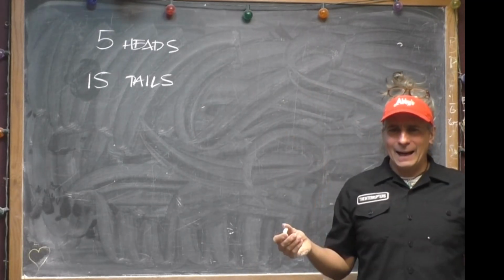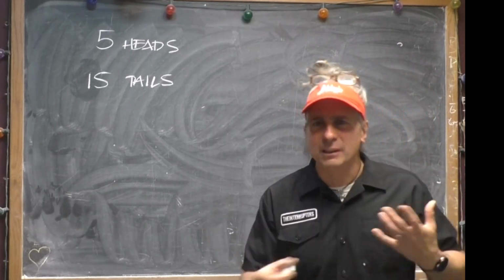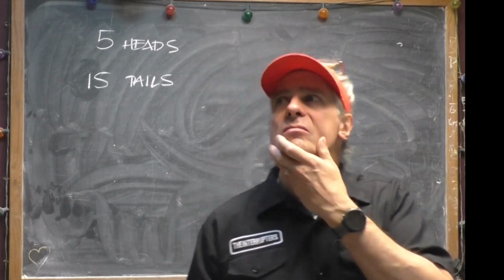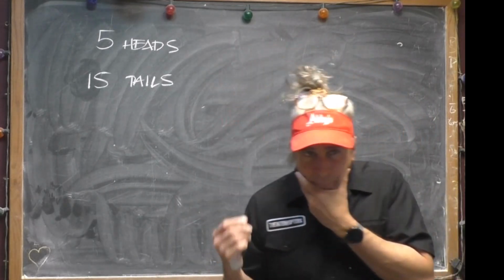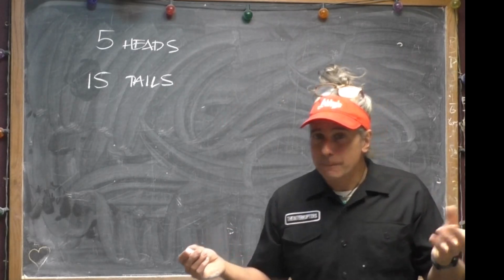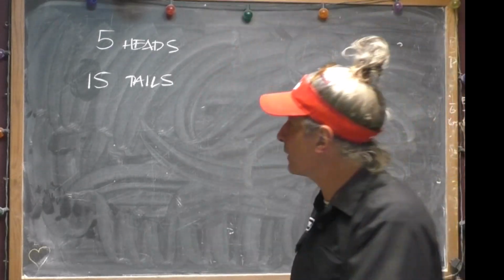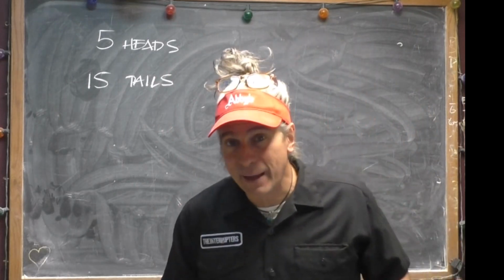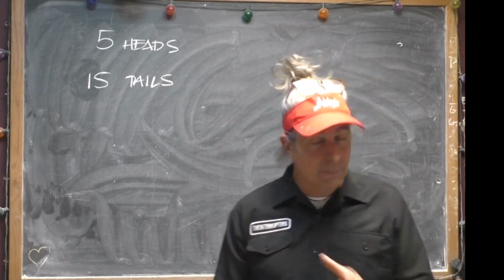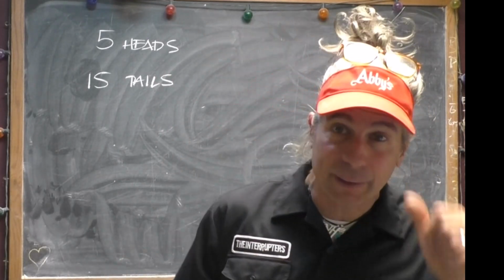And that seemed kind of odd, right? That seemed a little bit odd, because when you flip coins, they generally happen at 50-50. Now, could you flip coins and get the result 5 heads and 15 tails? Absolutely. Not very often, but it can happen.